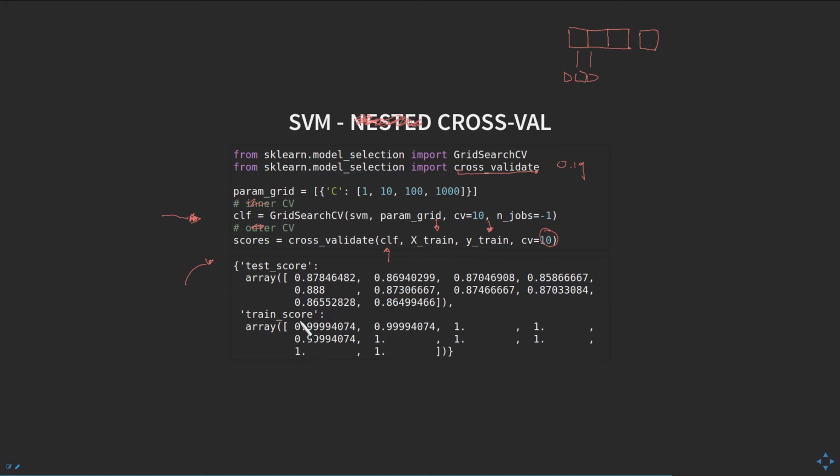So this is also, actually, this is missing from this part, but the chances are pretty high that C was actually pretty big for this, so either 100 or 1000 for the best performing model, because as you can see, the training scores are very high, and this C parameter, as I told you, tries to minimize the errors that we make on the training set, and it does it very well.